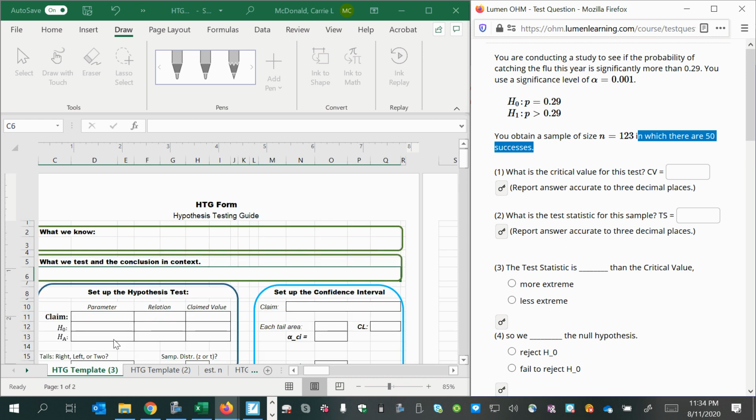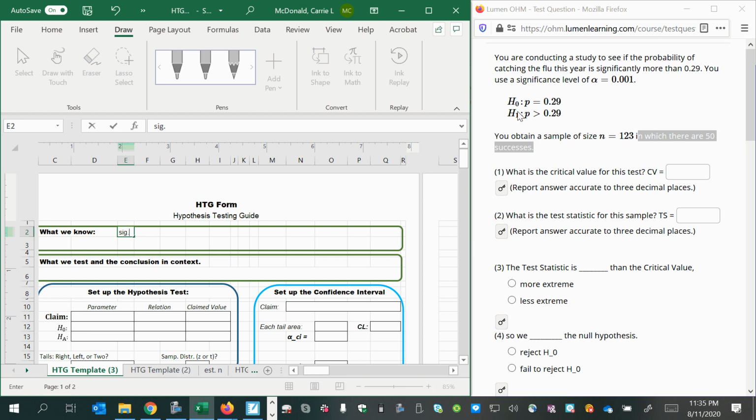So we have a lot of steps to complete, and we will begin by considering what information has been given in the problem. So we've been given our significance level. We've been given our claimed p proportion of 0.29.